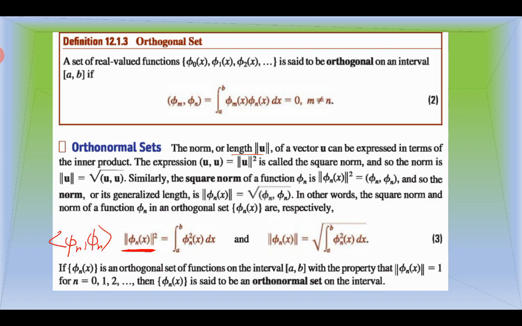So phi n squared will be integrated from the lower limit a to the upper limit b. And if the answer is 1, then it means this is true for every phi n, so phi 0, phi 1, phi 2. Then this orthogonal set will be called an orthonormal set. So remember this property.